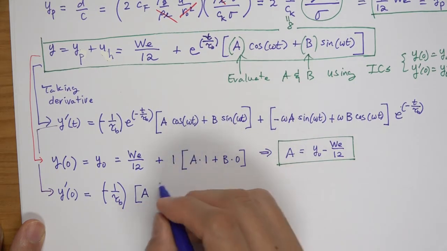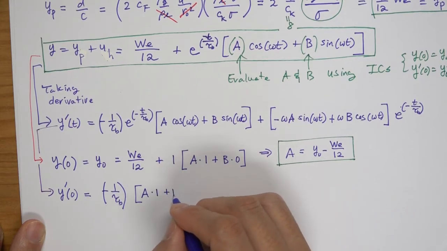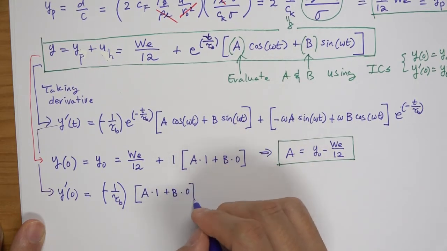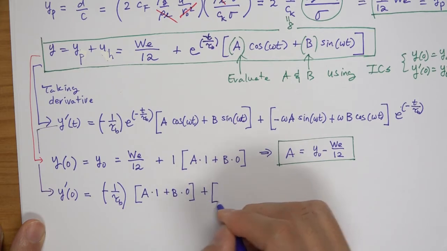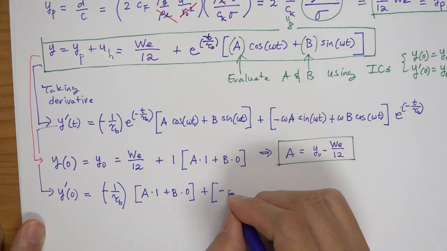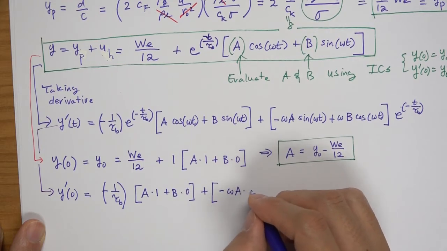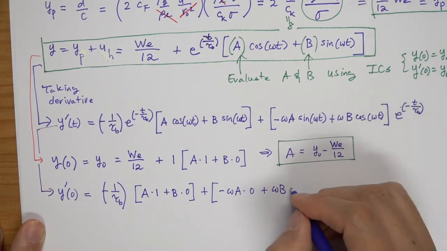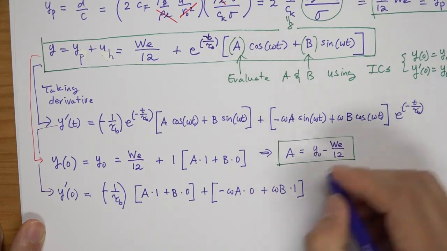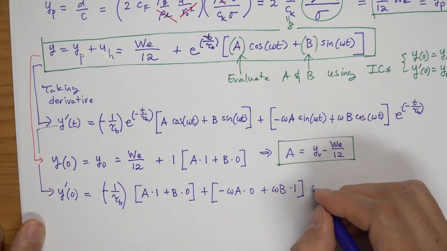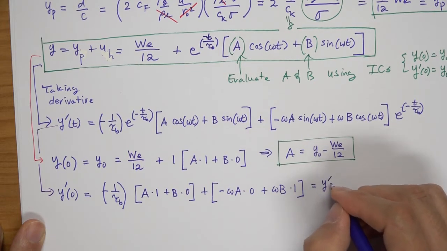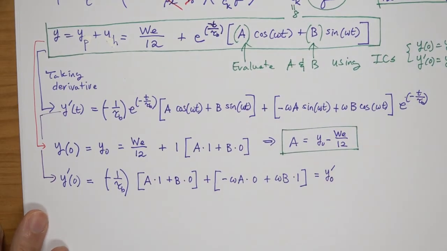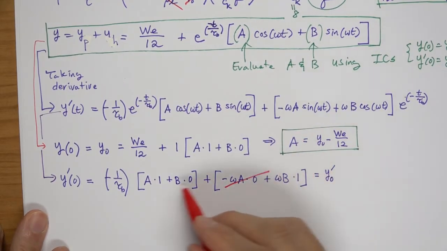Cosine 0 is 1, plus b times 0, plus minus omega a times 0, that's 0, plus omega b times 1 times 1. That is equal to y prime 0. So this goes away, that goes away.